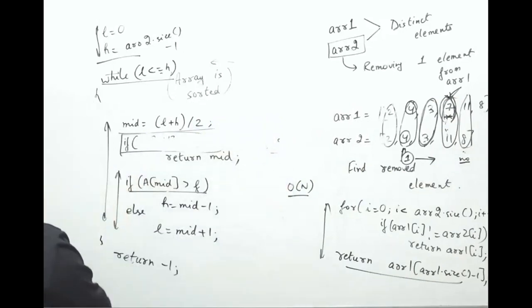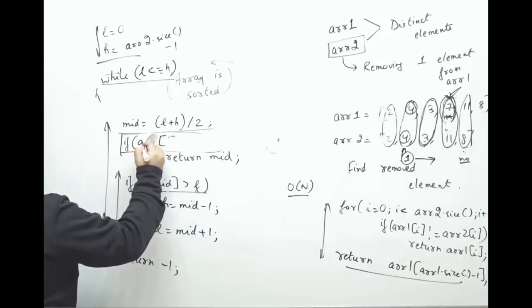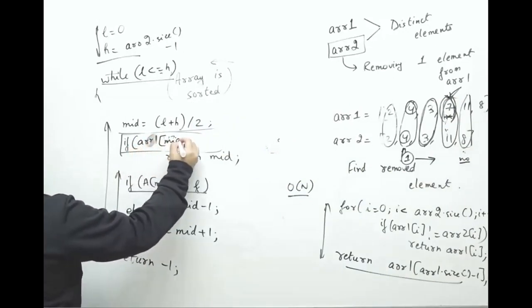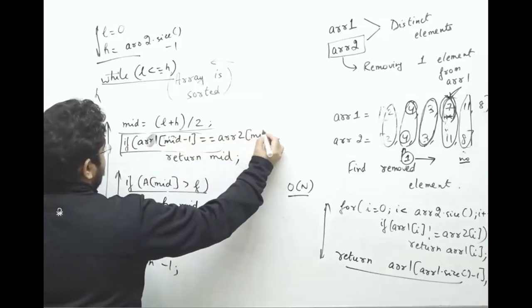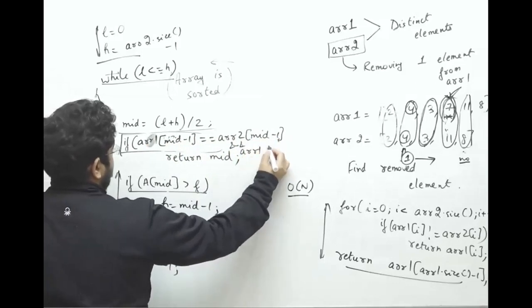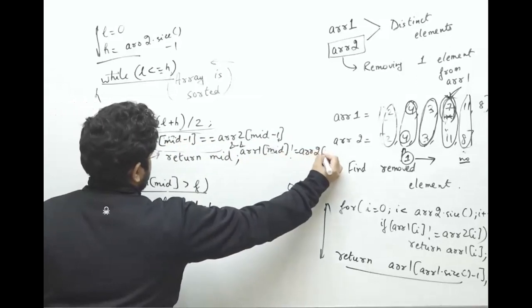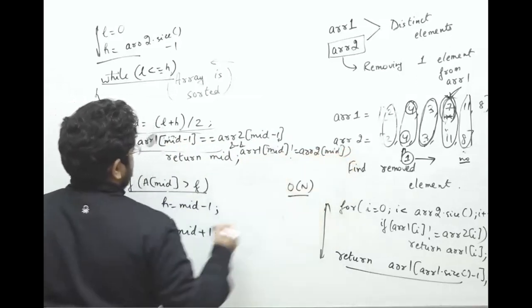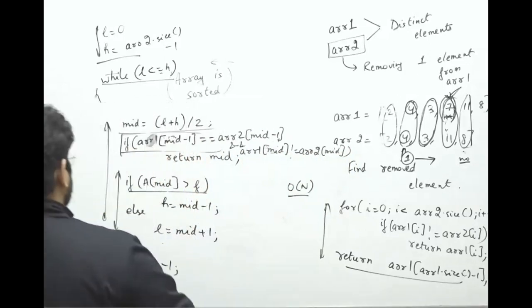So if the previous value is equal, that is array 1 of mid minus 1 is equal to array 2 of mid minus 1, and array 1 of mid is not equal to array 2 of mid, that means array 1 of mid is your answer.